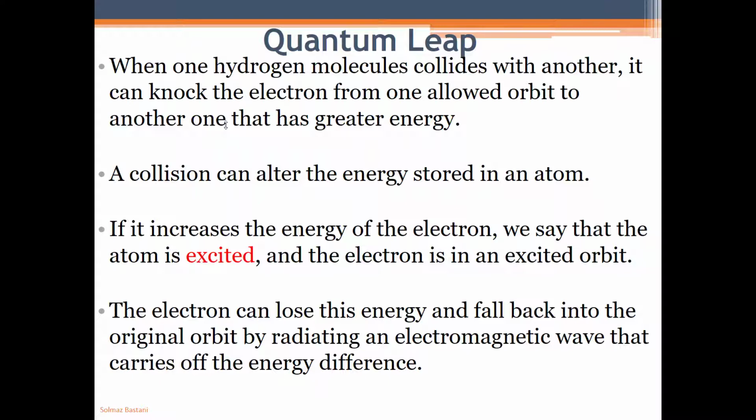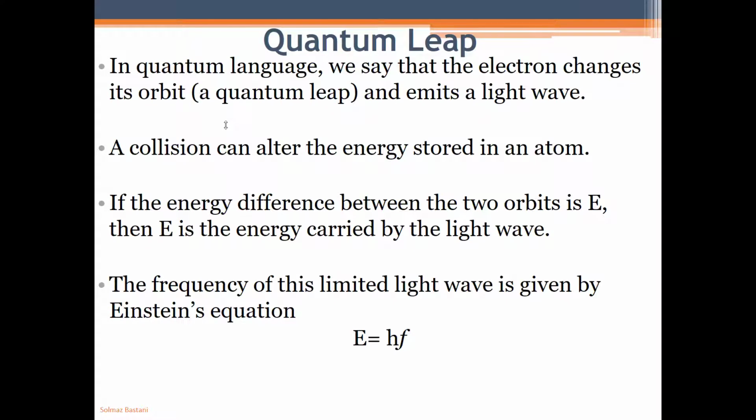So you excite an electron by giving it some sort of energy, for example via collision, it goes to an excited state and then falls back and radiates an electromagnetic wave that has the energy difference between those two states.